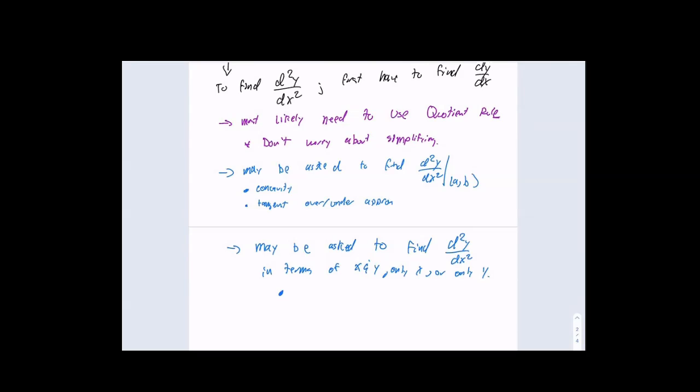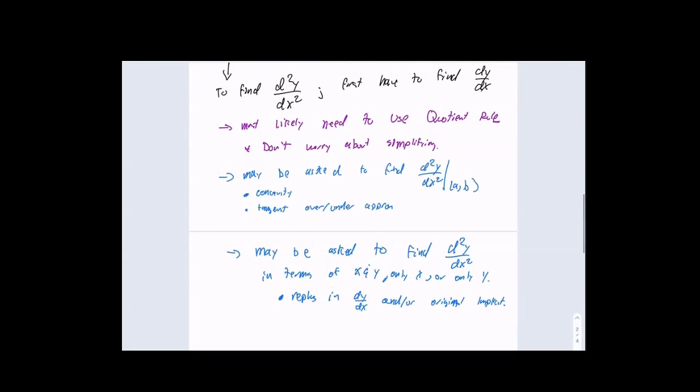Therefore you need to replug in dy/dx and/or the original implicit equation.